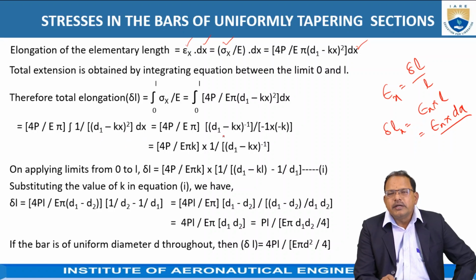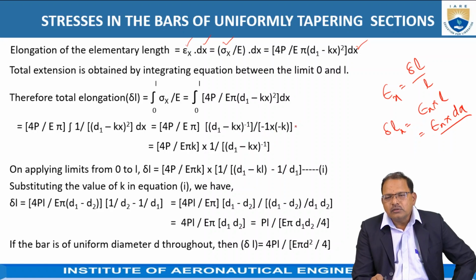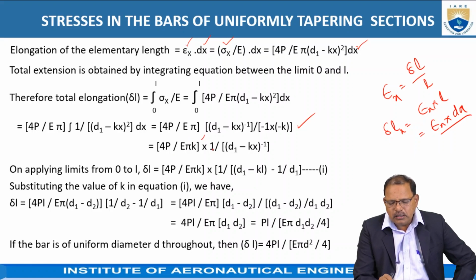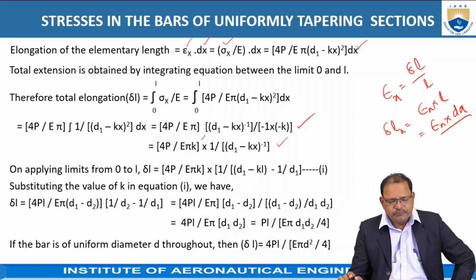The integration of 1 by (d1 minus kx) whole square is equal to (d1 minus kx) to the power of minus 1, divided by minus 1 into k into minus 1. So by using this relationship we get 4P divided by E pi k into 1 divided by (d1 minus kx) to the power of minus 1.